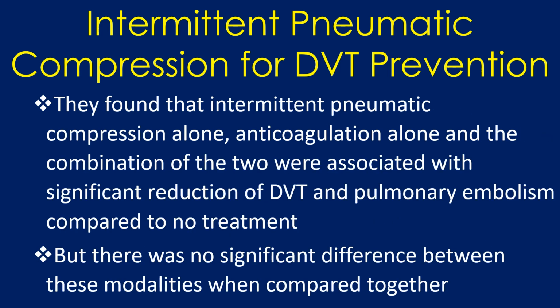They found that intermittent pneumatic compression alone, anticoagulation alone, and the combination of the two were associated with significant reduction of DVT and pulmonary embolism compared to no treatment. But there was no significant difference between these modalities when compared together.